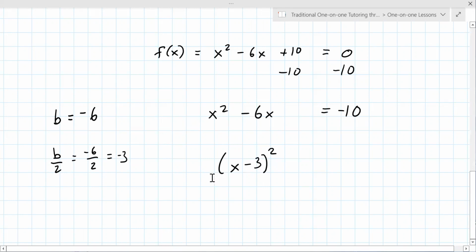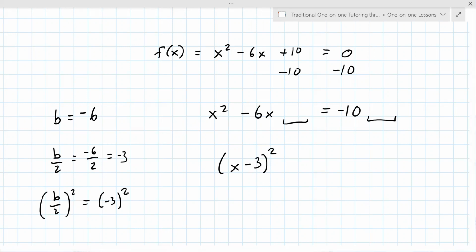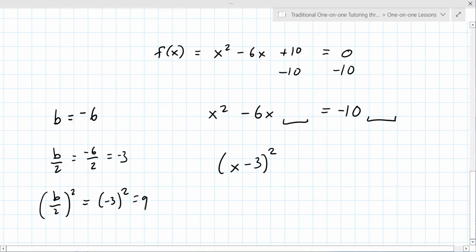The number that goes in this empty position is b divided by 2 squared. So you take the number you just calculated, and you square it. So -3 squared is 9, plus 9.